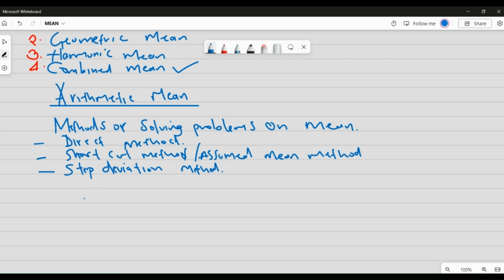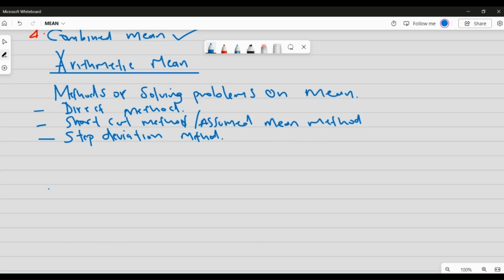But for this video, I'm going to focus on the direct method to find solutions to some of the problems about mean that we're going to encounter. So I'll just give a small illustration and give formulas for this.